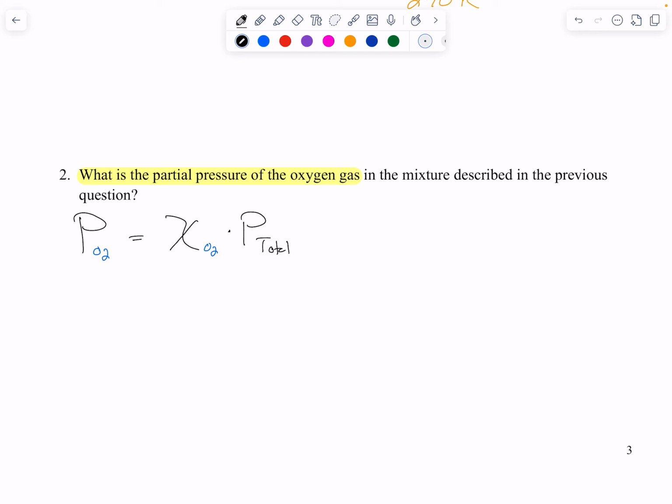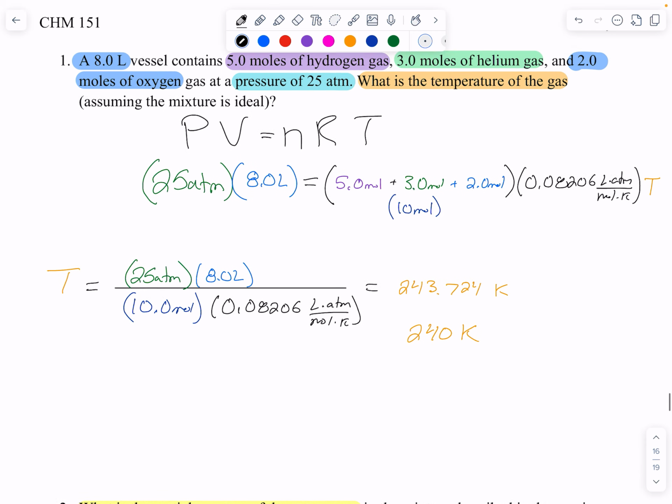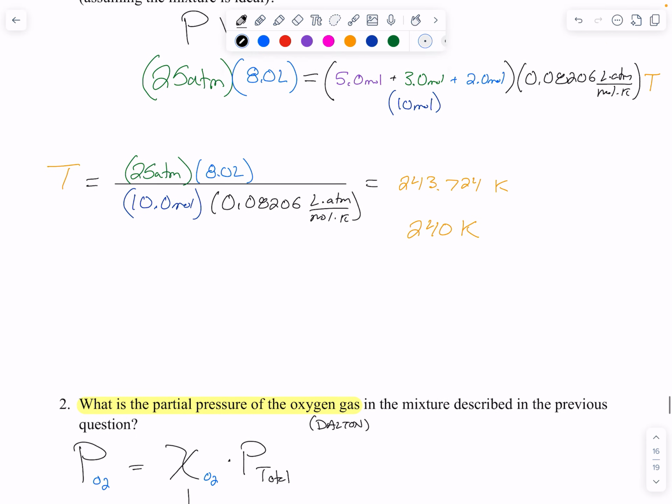Right? That's Dalton. Dalton's partial pressures, right? Well, now I need to get the mole fraction. Well, the mole fraction would be what? Moles of O2 over total. Well, it looks like there are, what, 2 moles of O2? If we go back up, 2 moles of O2 over 10 moles total.